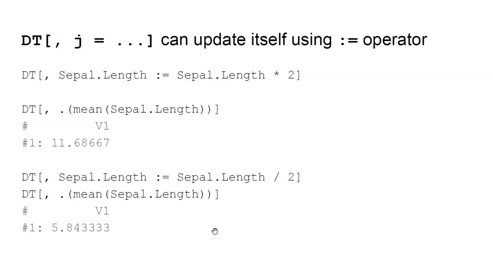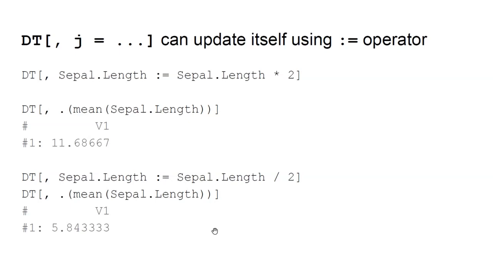There is another feature in j which is used with the walrus operator. This operator is typed by colon and equal sign. And I will talk a little bit more about updating in place in the next slides. Now I just want to present how we can use this in data table to change an object.